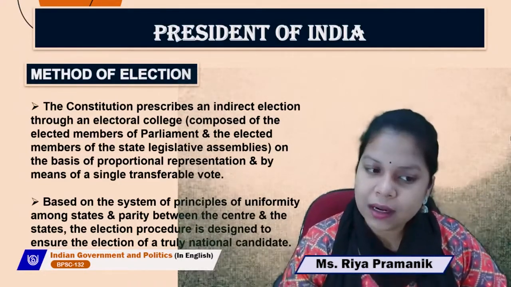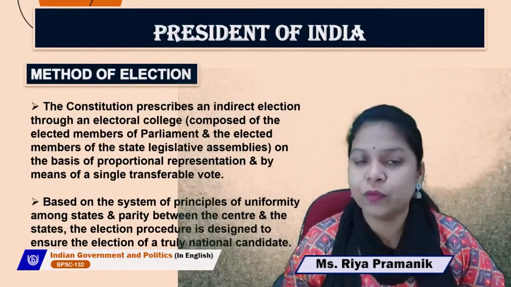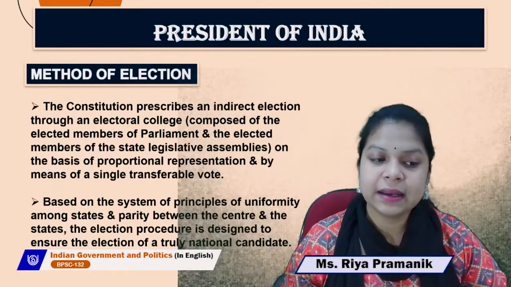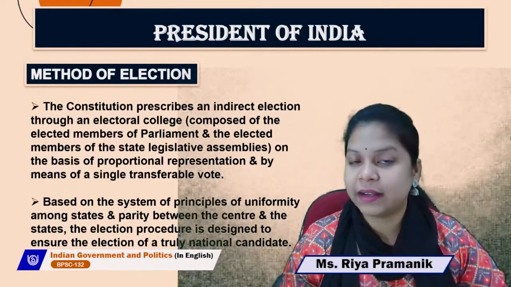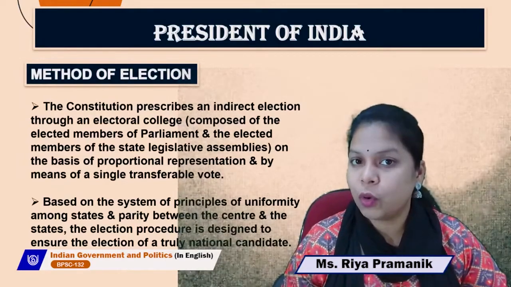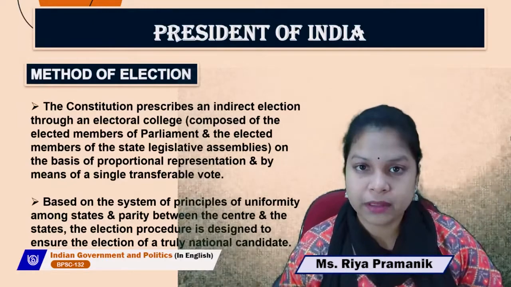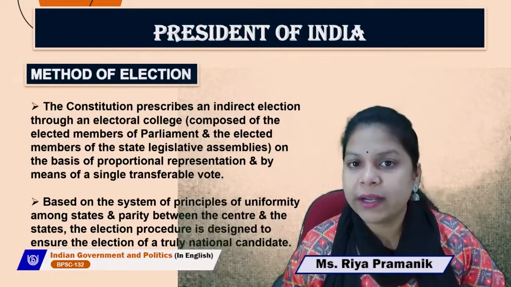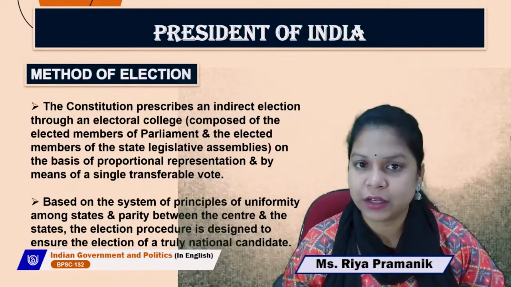So who are the part of this electoral college which decides who will be the president? It is the elected members of the parliament and the elected members of the state legislative assemblies. Here we should understand that it is written elected members. That means all the nominated members are not allowed to vote in the presidential election.